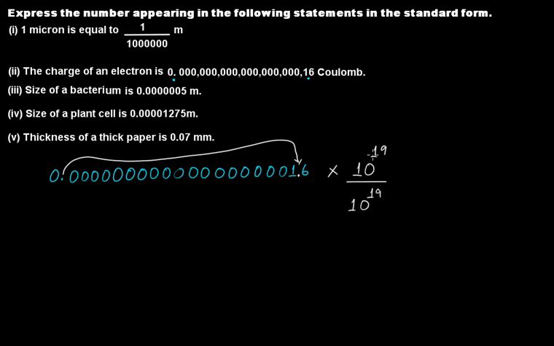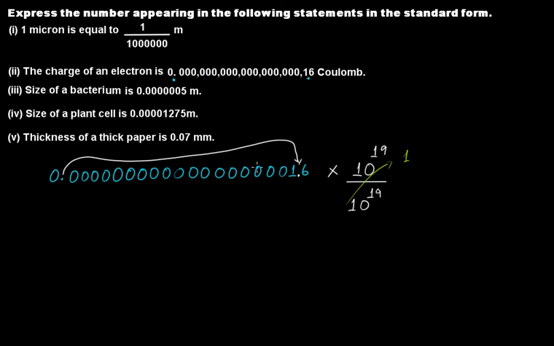If you multiply this number by 10 raised to the power of 19, there should be a balancing act for this. Therefore, you'll have to divide this number by 10 raised to the power of 19. In that way, this will be actually equal to 1. Same number divided by same number will give you 1, and 1 multiplied by same number will be the same.